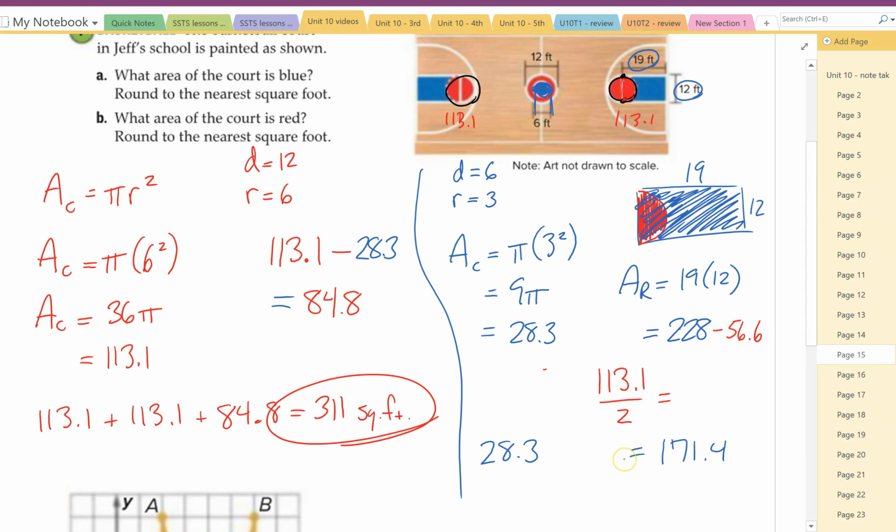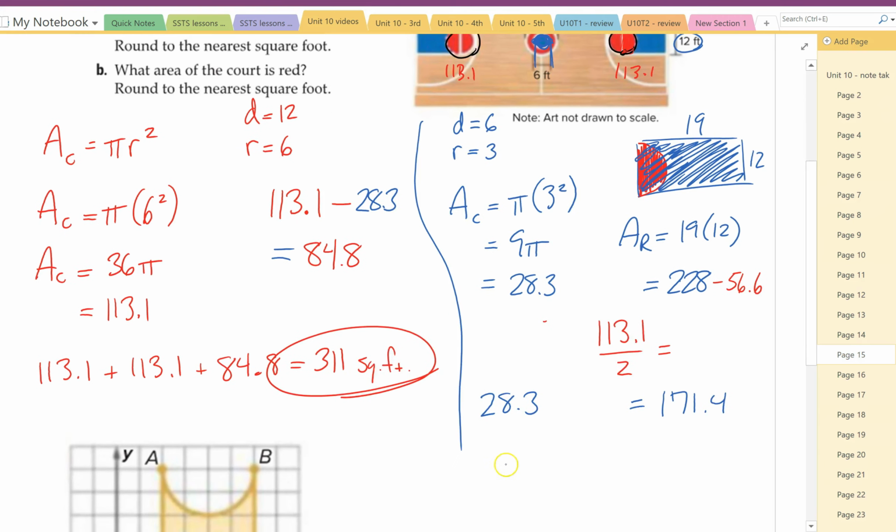And remember, I have two of them, right? I have this one over here, that's 171.4. I have this one over here, that would be exactly the same. So for the area of blue, I'm going to have 171.4 for the free throw lane on the right, 171.4 for the free throw lane on the left, and then 28.3, which is this little part of the circle in the middle of the court.